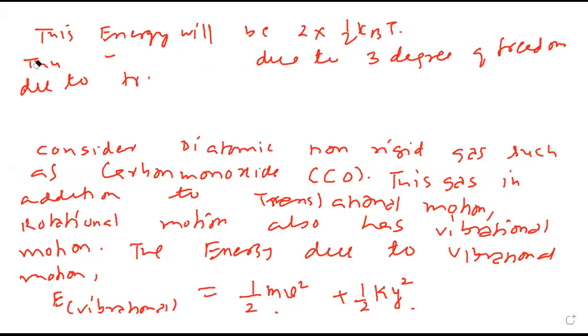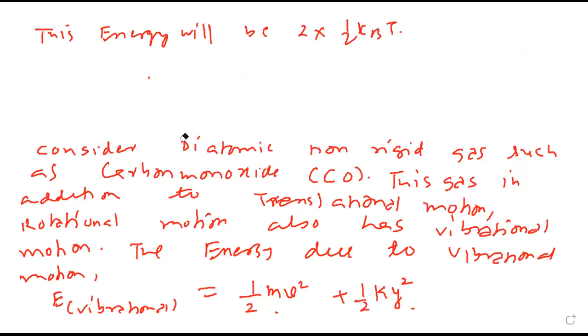This energy will be 2 times half of kBT. Just copy this, then I'm clearing the space, to find what is total energy. 3 degree of freedom due to translation, 2 due to rotational, 1 due to vibrational. But vibrational has 2 square terms.